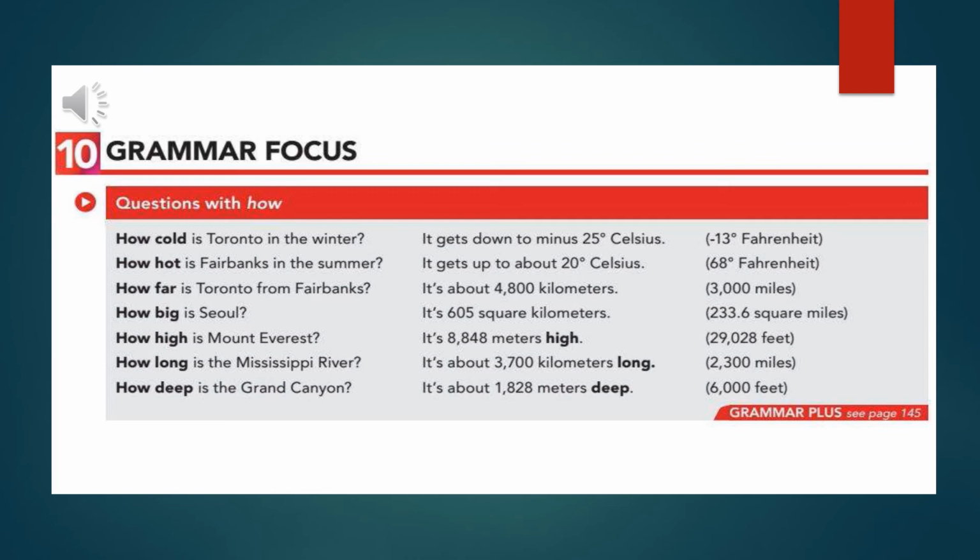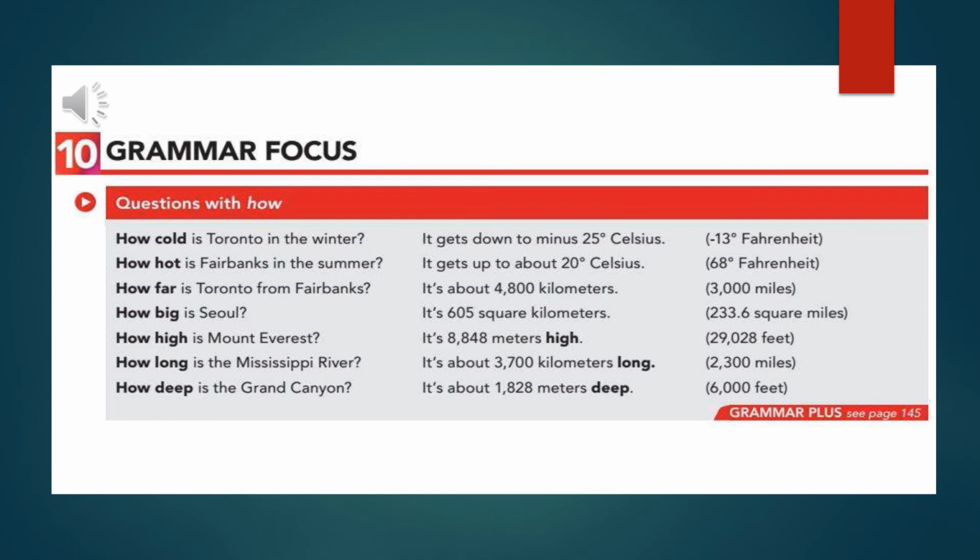How long is the Mississippi River? It's about 3,700 kilometers long, 2,300 miles. How deep is the Grand Canyon? It's about 1,828 meters deep, 6,000 feet.